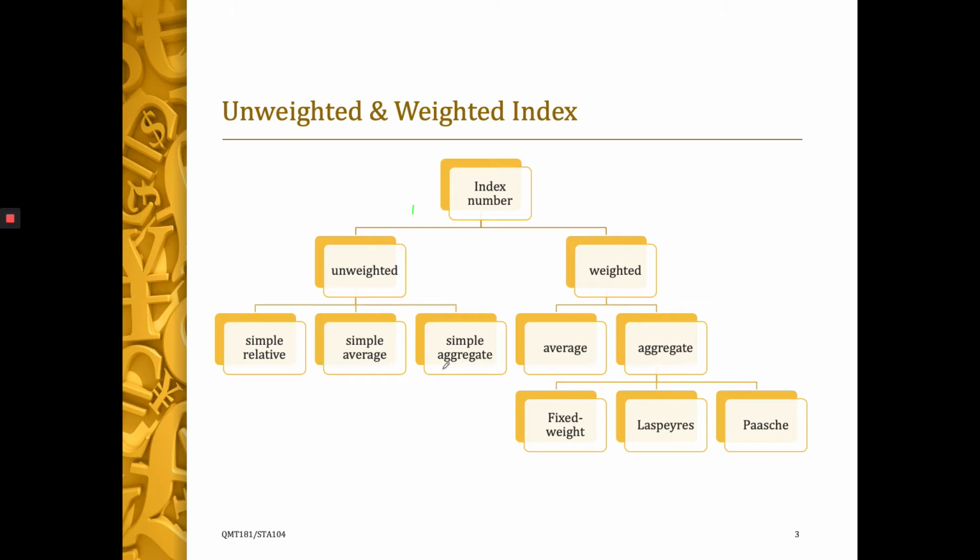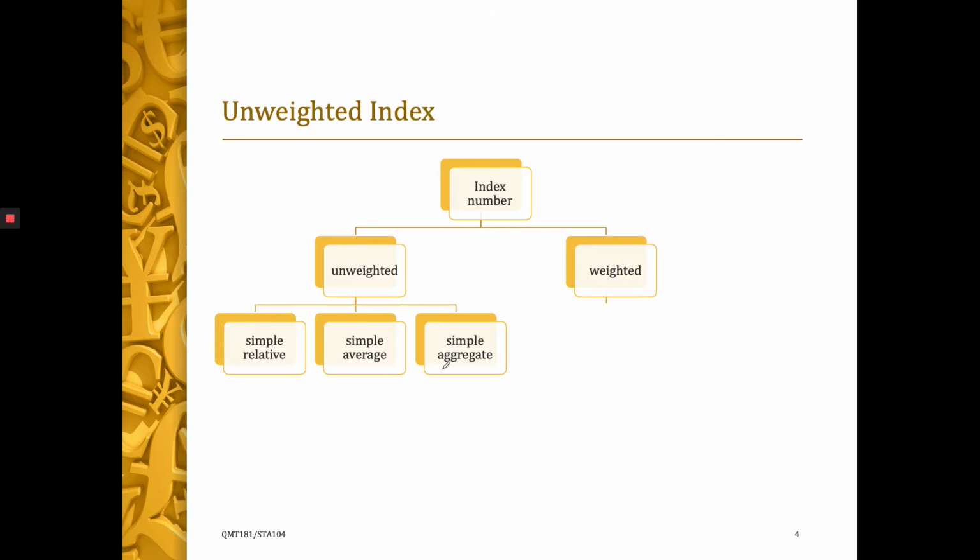Now for weightage, you have average and aggregate: weightage average index and weightage aggregate index. Under weightage aggregate, you will find fixed weightage, Laspeyres, and Paasche index. So today we will learn these three types of unweighted index number. Also, we only focus on price and quantity index number.